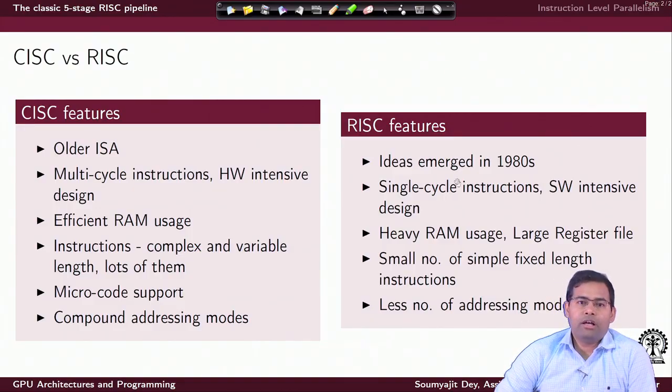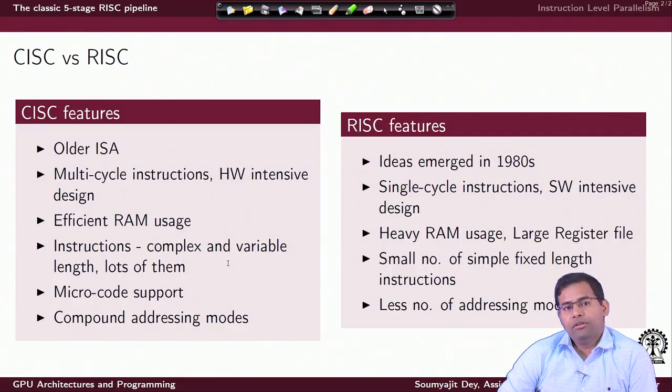Now, since in CISC I have a much smaller number of instructions to execute, the RAM usage is much more efficient, whereas for the equivalent functionality, since I have a big code to execute, the RAM usage is much heavier. And also, since all RISC operations are to be carried over operands from the register file, specifically the arithmetic and logical operations, I need the support of a much larger register file when compared with CISC.